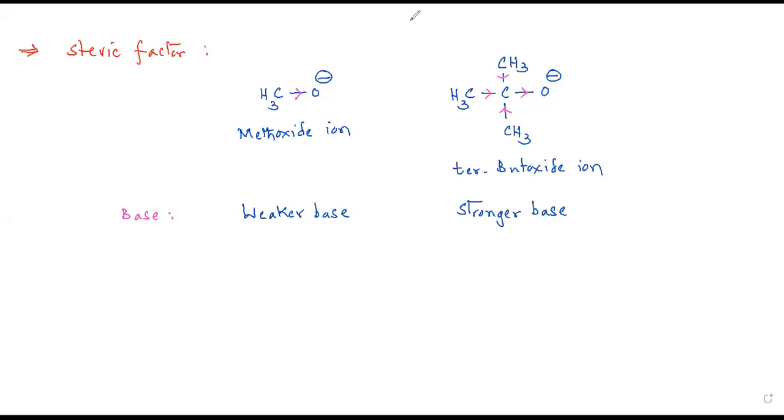So if you compare the basic natures, methoxide is weaker. Tertiary butoxide is getting too much electron density from the 3 methyl groups which are electron releasing. So this has a greater electron density and it's a stronger base.